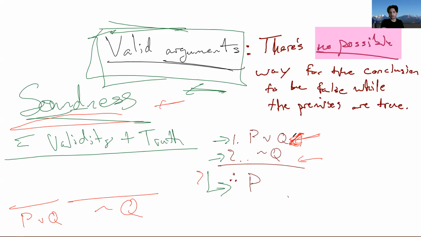But if this is a fork in the road that we all know about, and P means we go left, and Q means we go right, then with this fork in the road right here, we're just going to assume that we already accept that we either have to go left or we have to go right. That's what premise number one is saying.